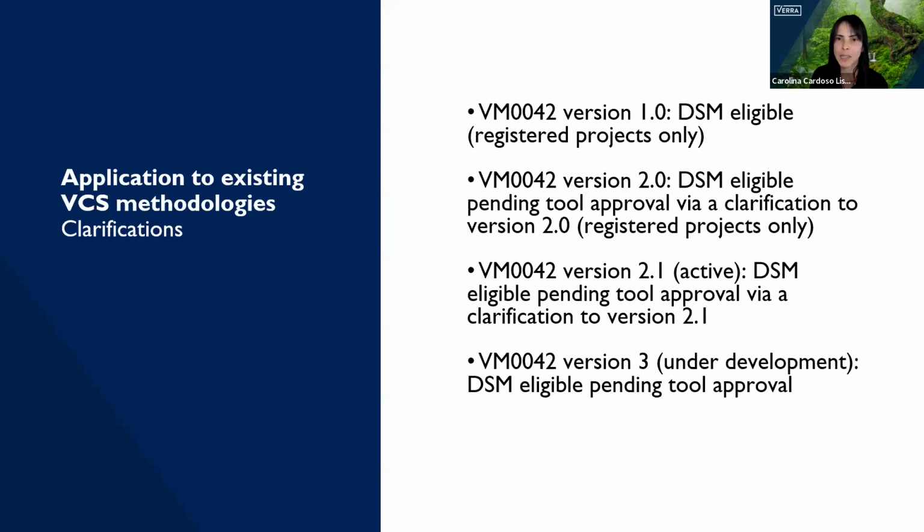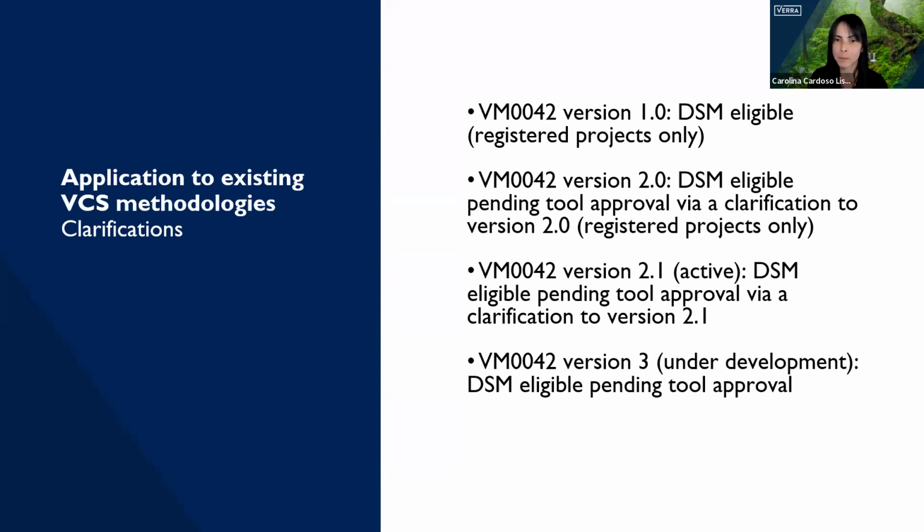For VM0042 version 2.0, also only for registered projects. But as you know, this version does not allow the use of remote sensing. But once the tool is approved, DSM will be eligible pending approval of the tool, and we will issue a clarification document to that.